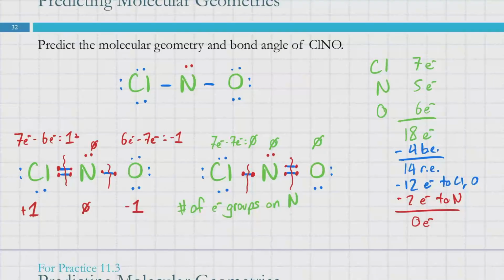Total number of clumps of electrons that are on or touching nitrogen. What's touching nitrogen? What's one of them?